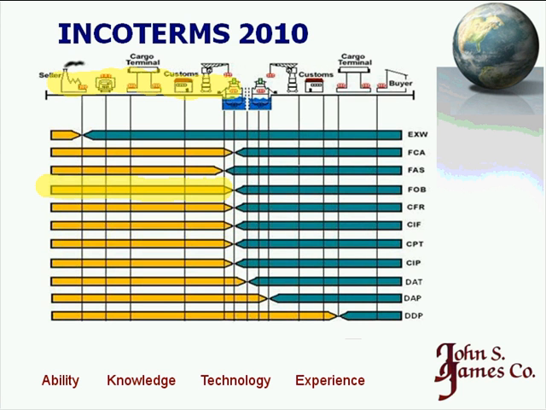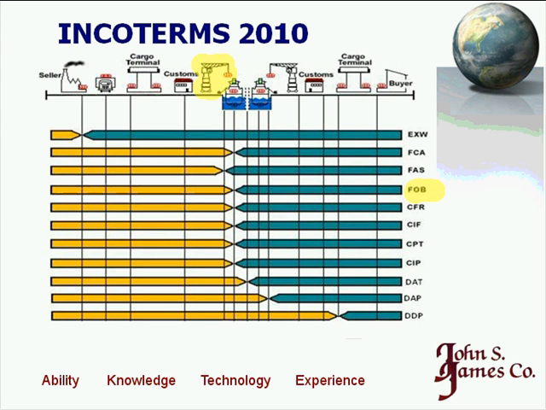Now, something that might happen, which is not likely to happen, but for purposes of an example, let's say this container, look at the very top of your screen where I'm highlighting right here, is being loaded on the ship right now, and we're still talking about the FOB transaction. In the port of Philadelphia, this container is being loaded, and all of a sudden it drops and lands on the port.